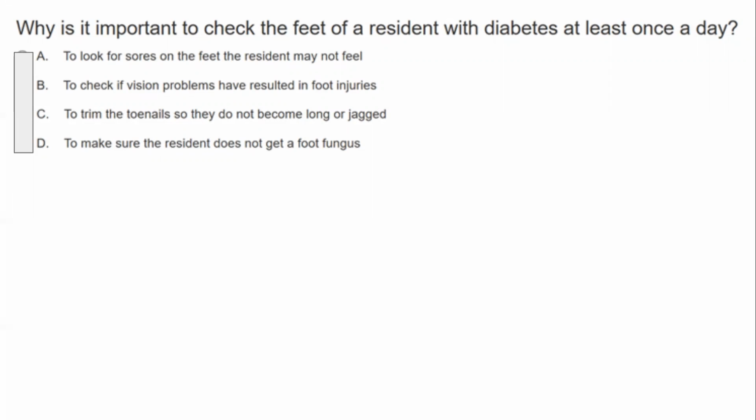C, to trim the toenails so they do not become long or jagged? Or D, to make sure the resident does not get a foot fungus? Correct answer is A. Remember, a resident with diabetes may not feel sores on the feet.